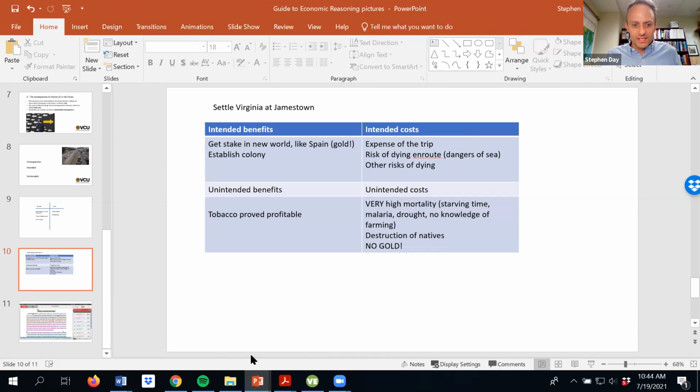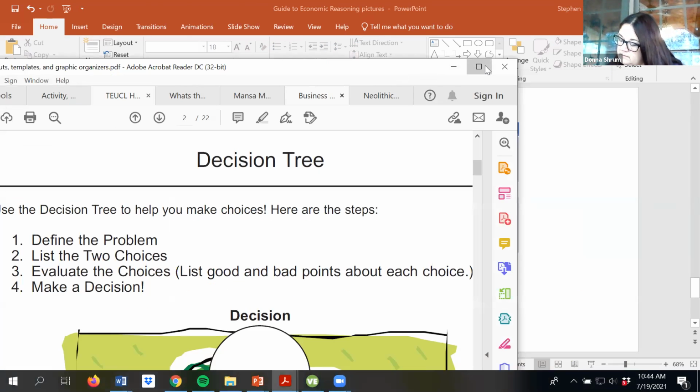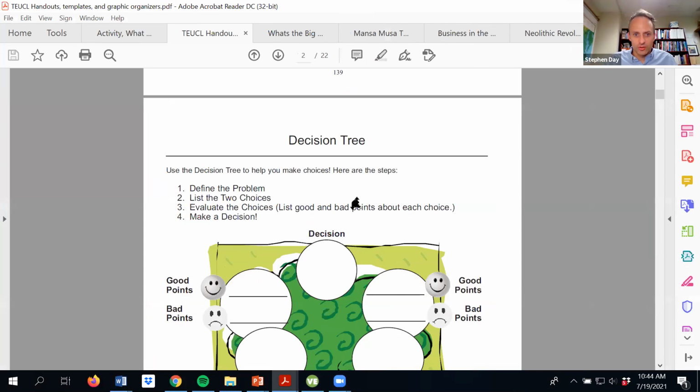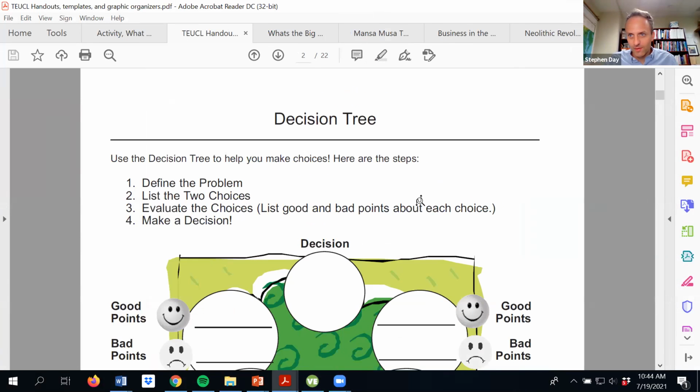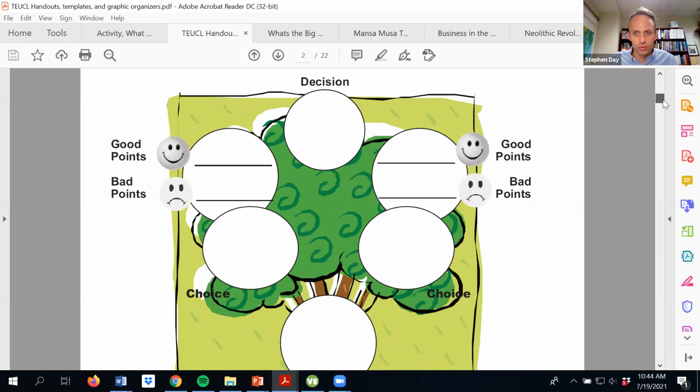You can also use what's called a decision tree, which we have here. So a decision tree, and this is from an elementary resource, which is why it has smiley faces and things, is actually just two cost-benefit analyses side to side, where you have the decision up here at the top, what's the choice we need to make, and then you have two distinct things.